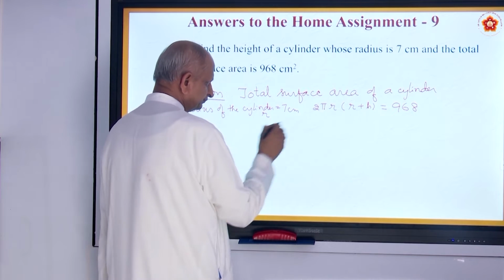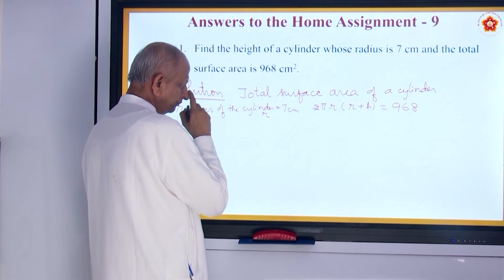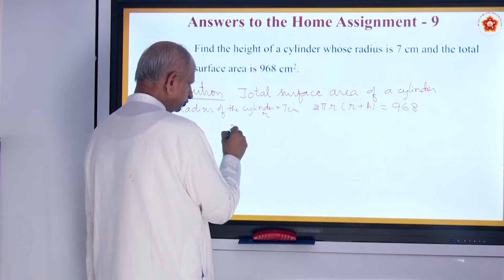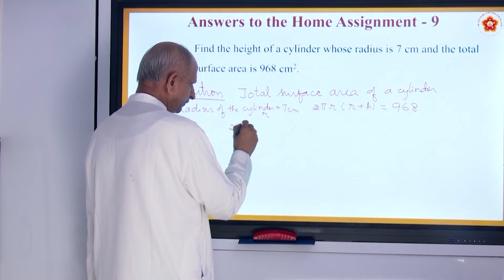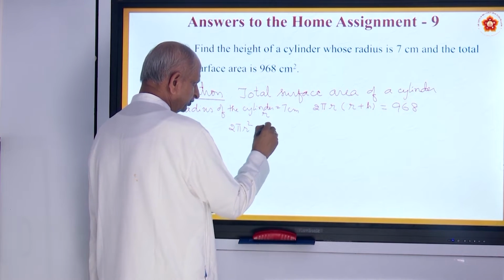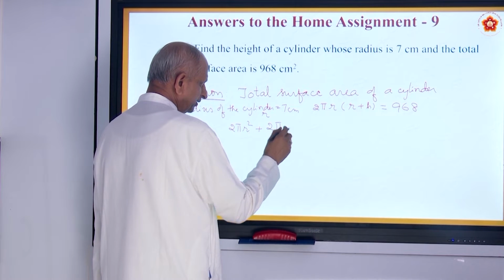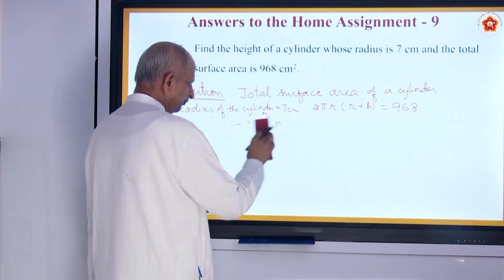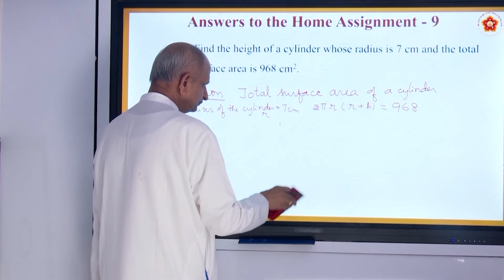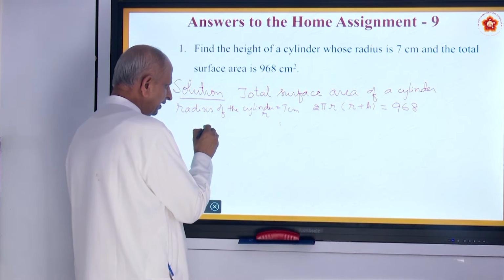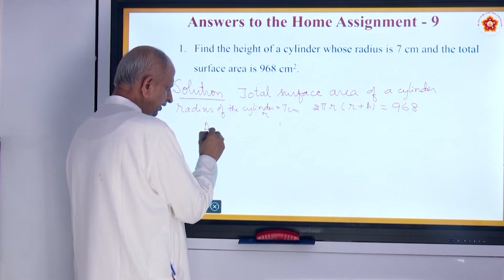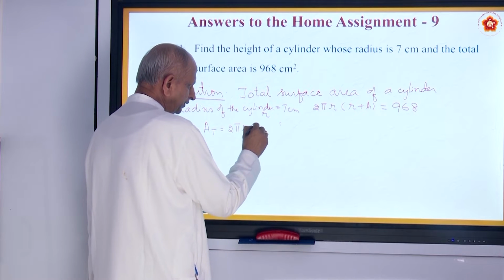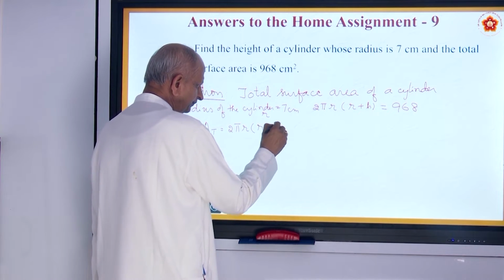So h is here, correct? So 2 pi r square plus 2 pi r h. So in that we apply that first formula. In the formula, A total is 2 pi r into r plus h.